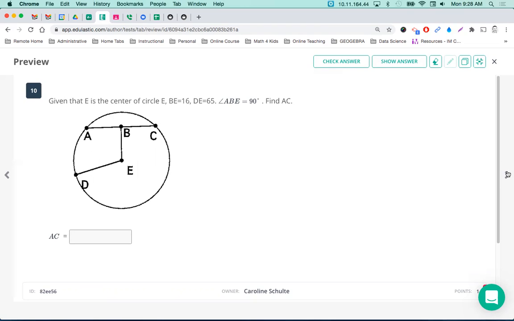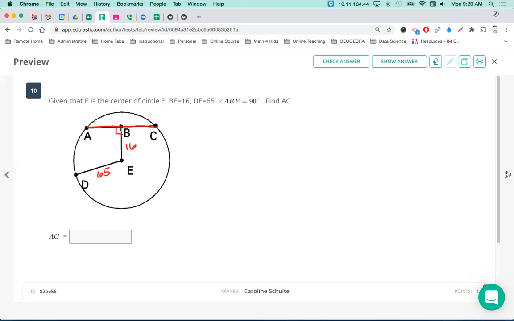This one is not, but we can still use it. BE is 16. I'm going to write that down to start. That length is 16. DE is 65. And angle ABE is 90.